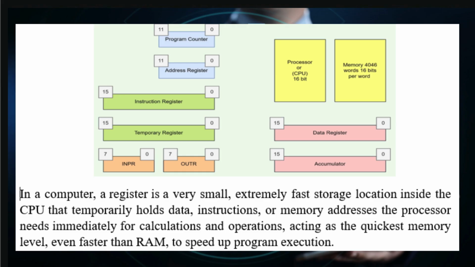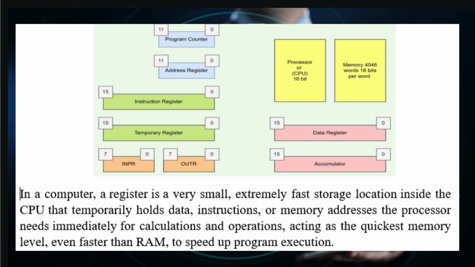Then number 3 is the registers. Registers are very small, very fast memory locations inside the CPU. They temporarily store data and instructions currently being used. For example, the program counter, or the PC, holds the address of the next instruction.